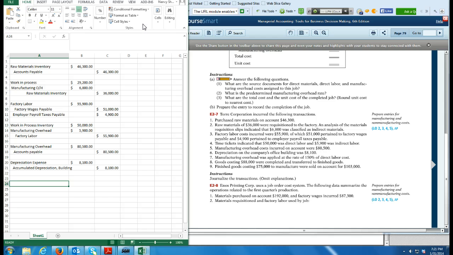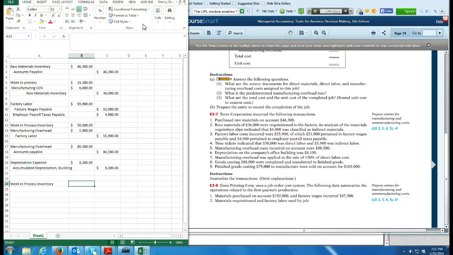Next, manufacturing overhead was applied at a rate of 150% of direct labor cost. So we know here that this is the predetermined overhead rate. And so what we'll do here is show the predetermined overhead rate and bring it into work in process inventory at 150% of direct labor costs.